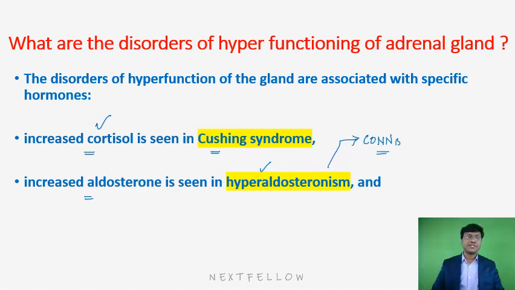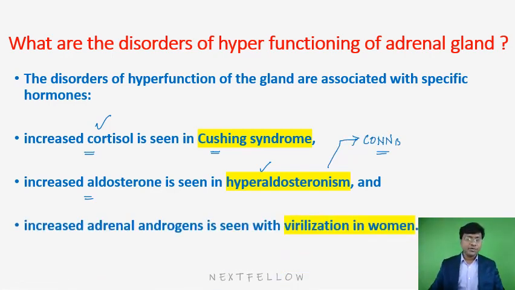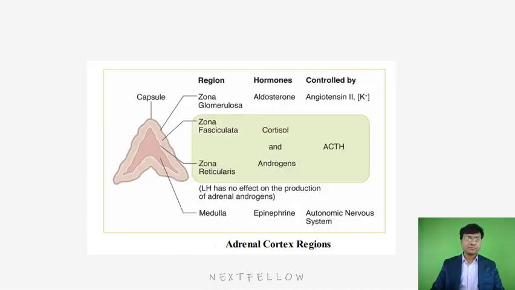If there is excessive production of the adrenal androgens, that will result in virilization in women. So these are the disorders of the hyperfunctioning of the adrenal gland: Conn syndrome, Cushing syndrome, and virilization in women.